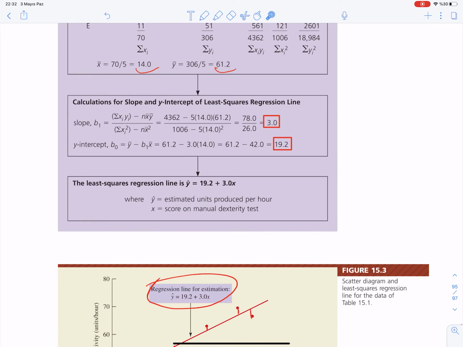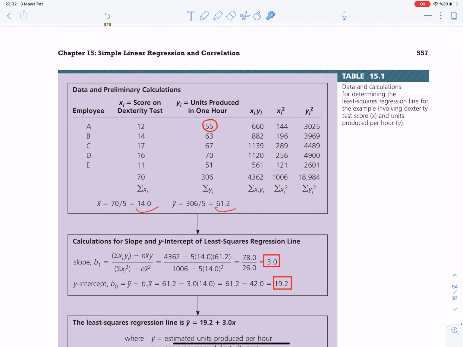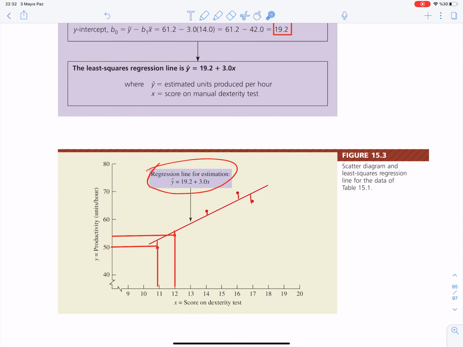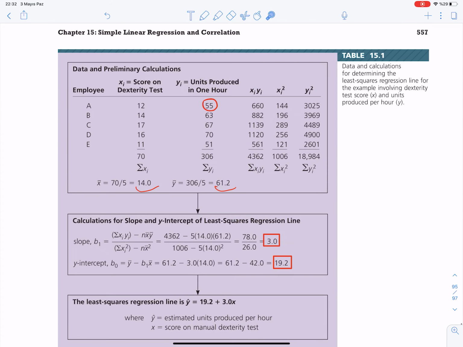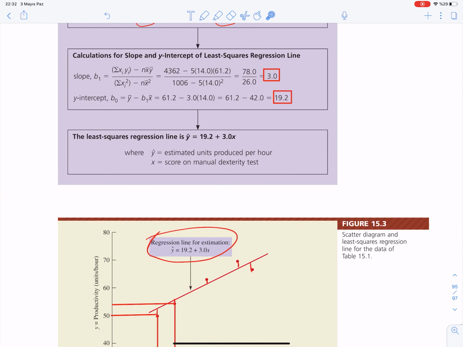To estimate the units produced in 1 hour, you multiply 3 times 15, which is 45, plus 19.2, so y hat becomes 64.2.